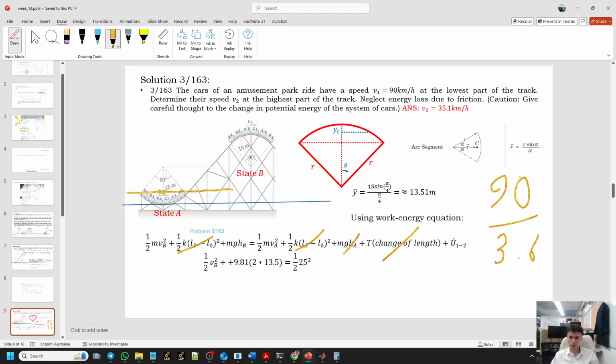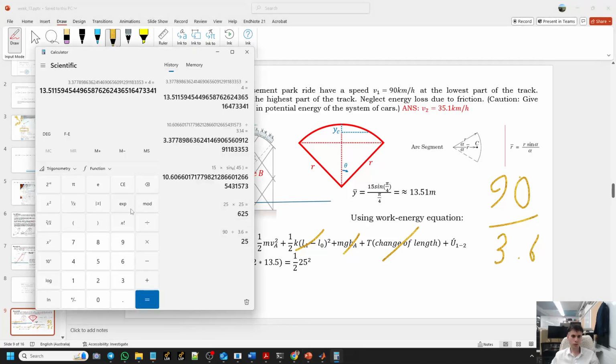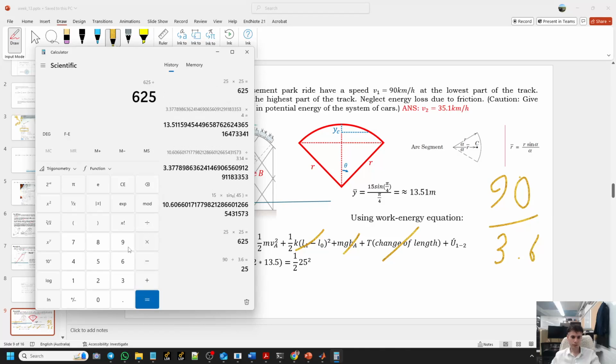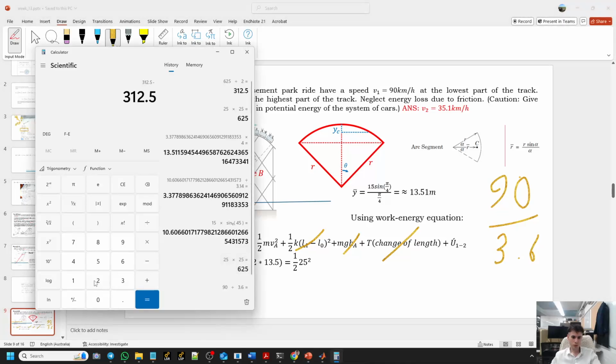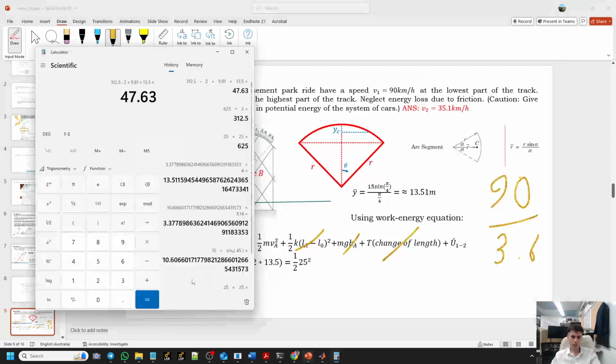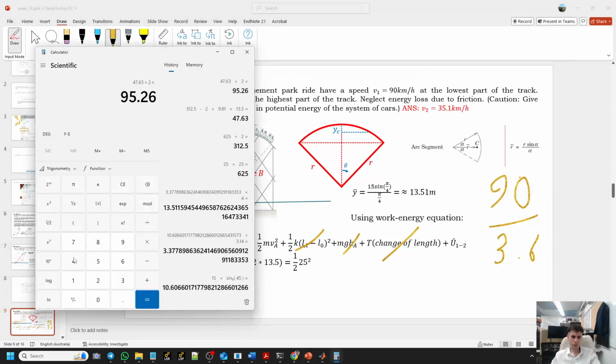So 25 squared will be 625 divided by 2. That is 25 times 25 divided by 2, minus 2 times 9.81 times 13.5 times 2, and the square root will be 9.7.